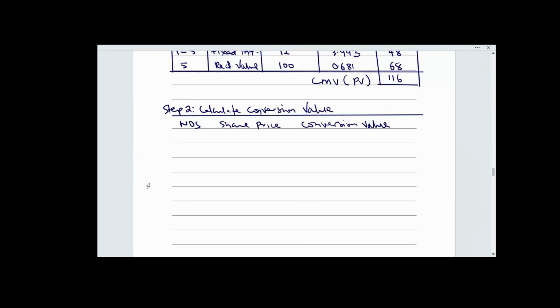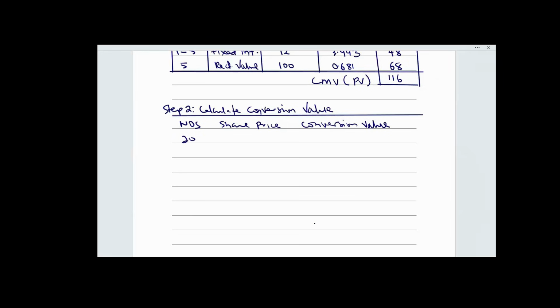We are told, according to the question, that 20 ordinary shares at any time until the expiry date. So you want to convert 20 ordinary shares.